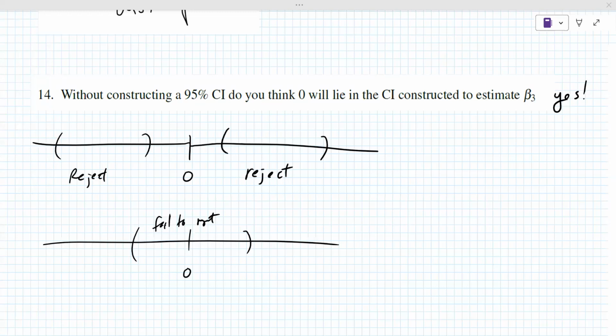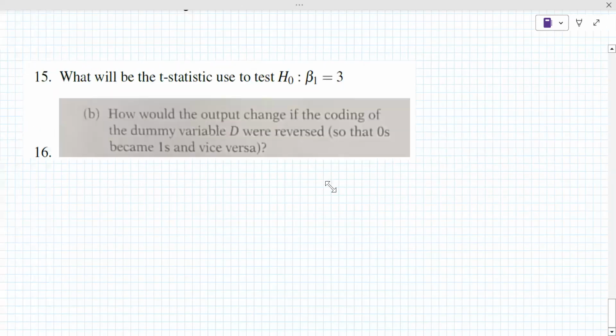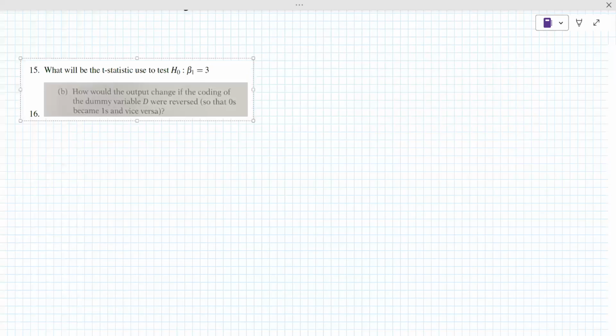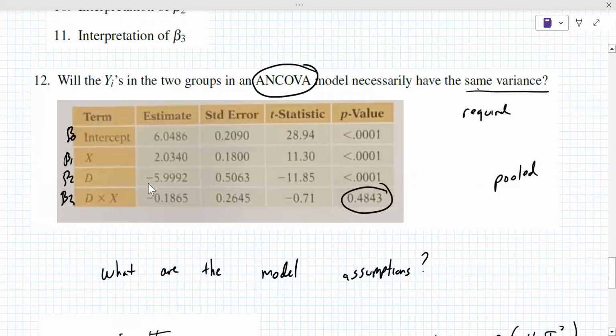All right. Does 15 have 2 questions, or is it just 15? It's just, what will the t statistic use to test H0: B1 equal to 3. I see. So I have from my notes that we take the estimate, so the B1 estimate minus what B1 equals to test our hypothesis, over the B1 standard error.